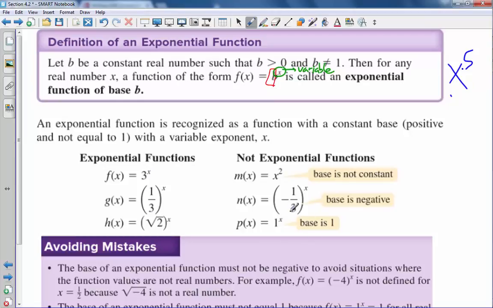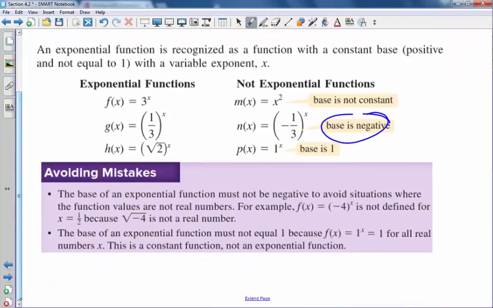How come? Why is this not exponential? You know why? The bases are not allowed to be negative. This is why. Explains here in the mistake. Most people think negative bases are okay, such as I take a negative base raised to x. Imagine x is 1 over 2.